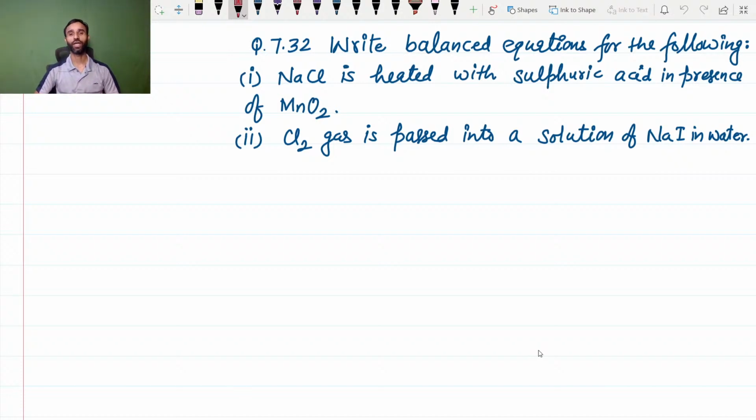Question number 30. Write balanced equations for the following. NaCl is heated with sulfuric acid in the presence of MnO2. See, NaCl we have. We can start from here. NaCl in the presence of sulfuric acid.